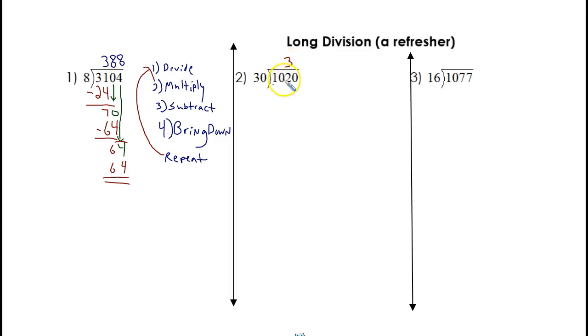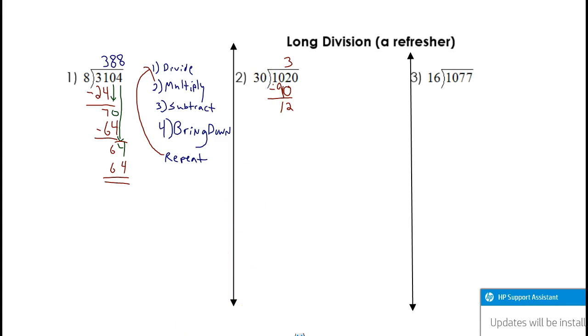I put it above the 2, since I went into 102. 3 times 0 is 0, and 3 times 3 is 9, and I would subtract. 102 minus 90 gives 12: 2 minus 0 is 2, and 10 minus 9 is 1. This number has to be smaller than 30 or I've made a mistake, and it is.